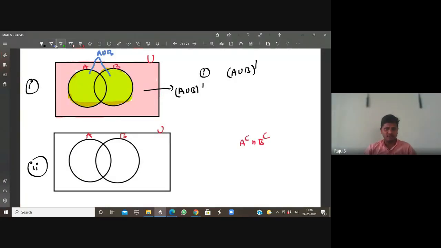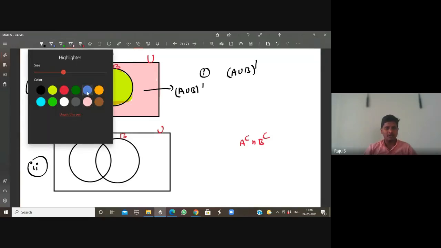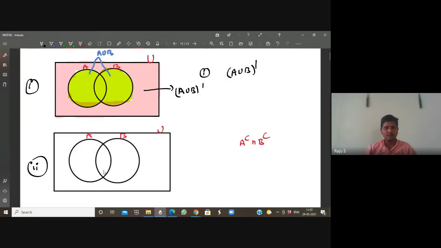First we shade the A complement region. A complement means all the region other than A. We should not include the common region either. Am I right, students? Yes, sir.